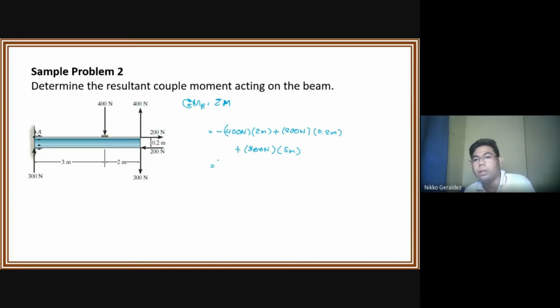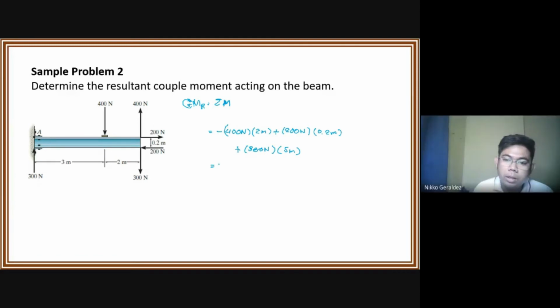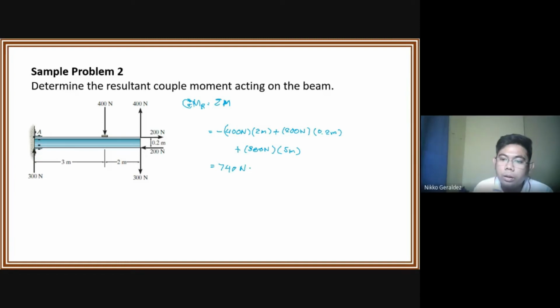Okay, so resultant couple moment, 742 Newton meters. Positive, so ibig sabihin, resultant couple moment is a clockwise moment.